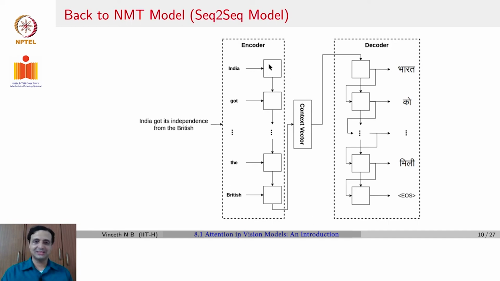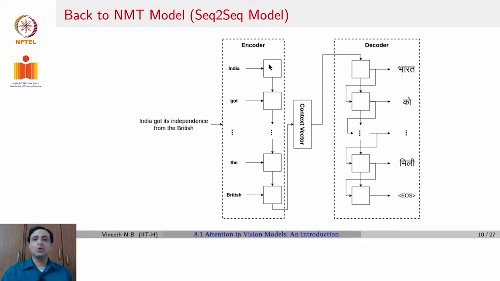Because different languages have different grammars and sentence constructions. So it may not be correct for the first word in English to be the first word in Hindi, or the Hindi sentence may not exactly follow the same sequence of words in English because of grammatical regulations.